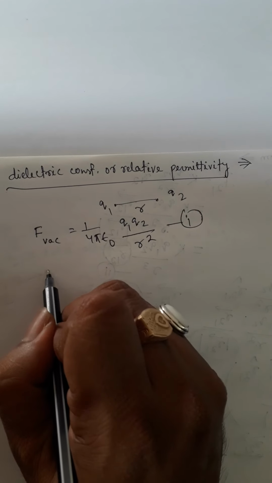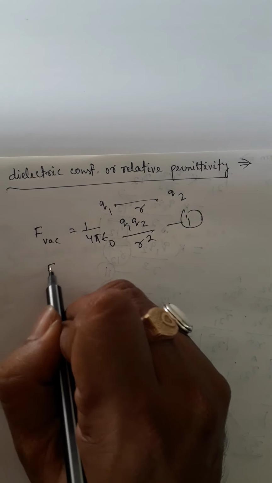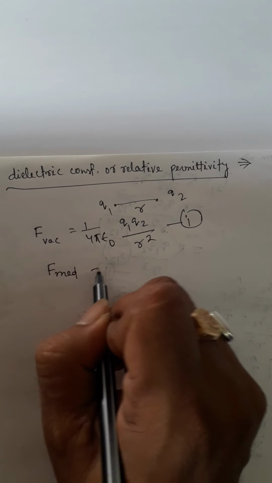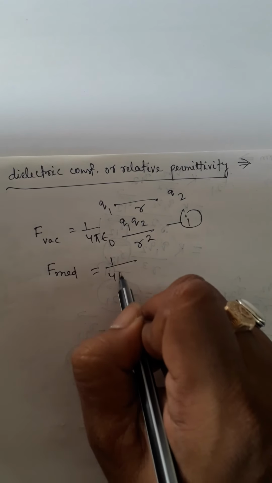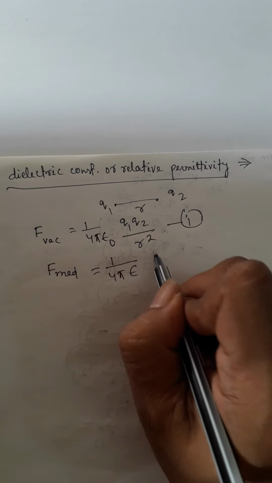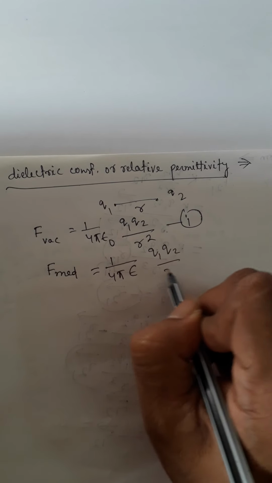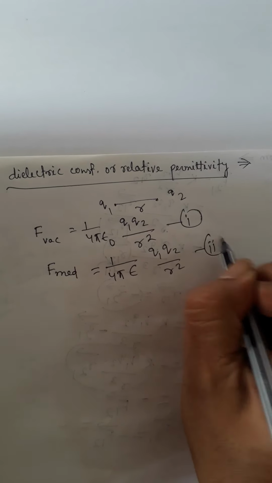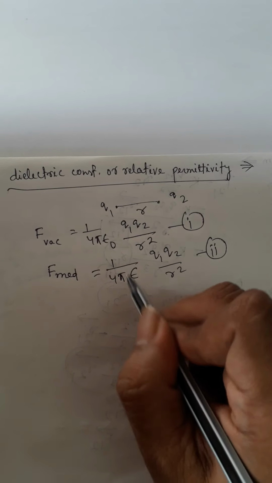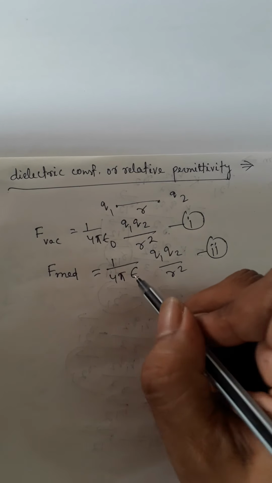For any medium, that force will be F. For any medium it will be 1 by 4 pi epsilon, q1 q2 upon r square. This is equation 2, where epsilon is permittivity of the medium.